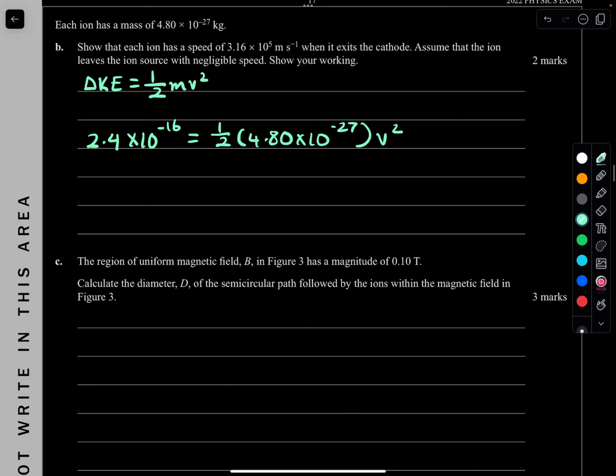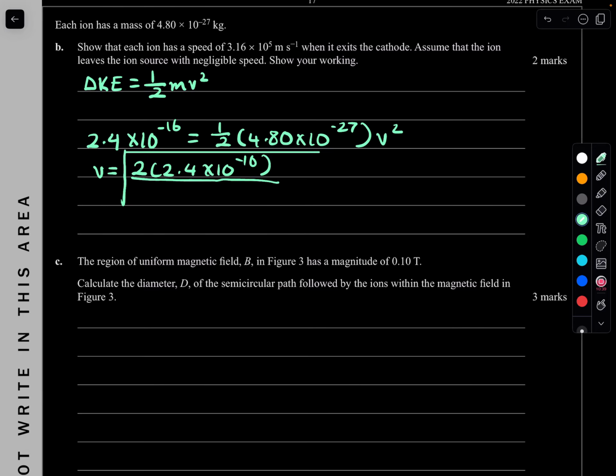So we're just going to calculate the velocity in this case. Velocity is basically the square root of 2 times 2.4 times 10 to the power of negative 16, all over 4.80 times 10 to the power of negative 27. Did I do any mistakes here? Yep, makes sense.